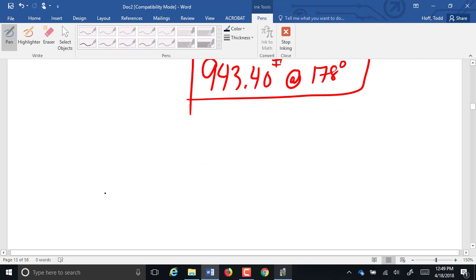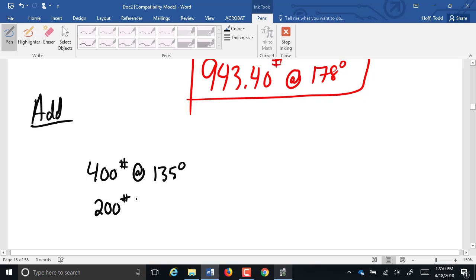I'm going to have you guys try something. I'm going to have you add 400 pounds at 135 degrees to 200 pounds at 60 degrees.